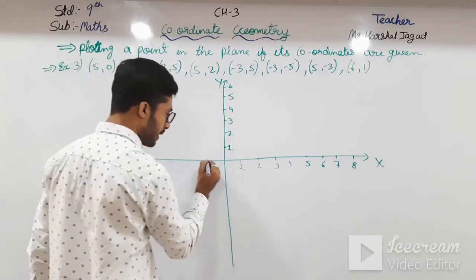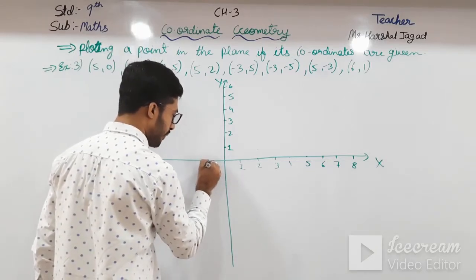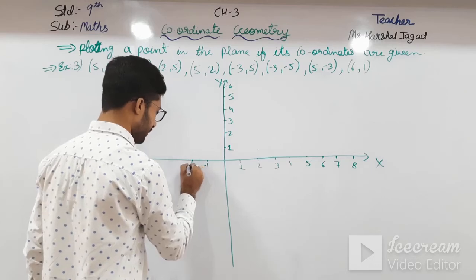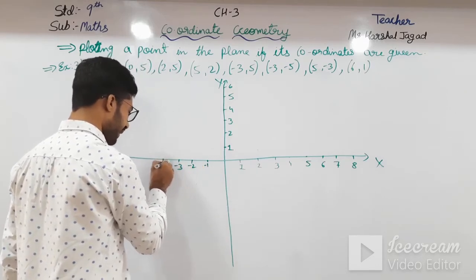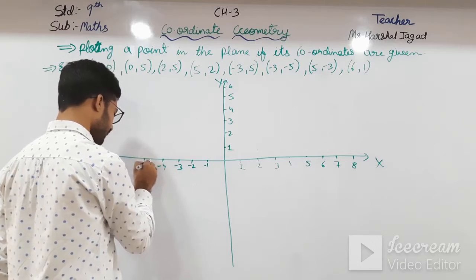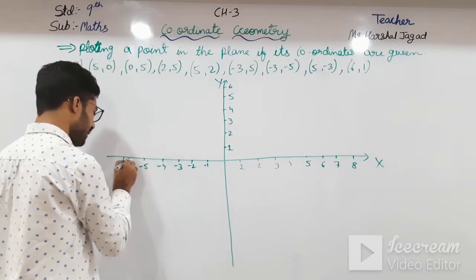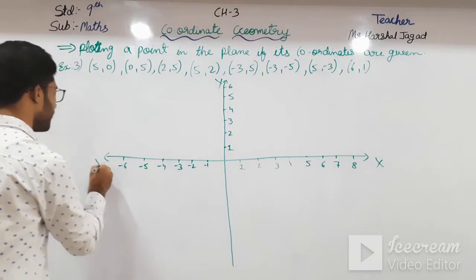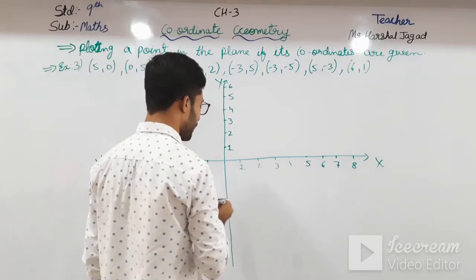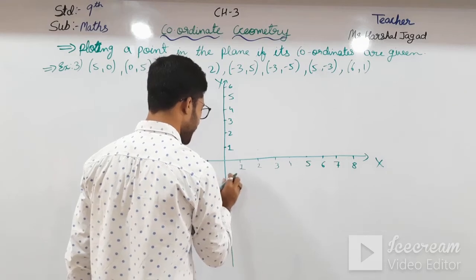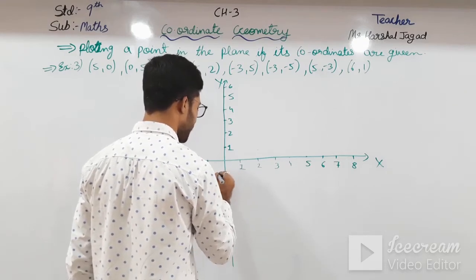Now moving towards this, -1, -2, -3, -4, -5, -6. This is the negative x-axis. Now moving towards the negative y-axis, that is -1.